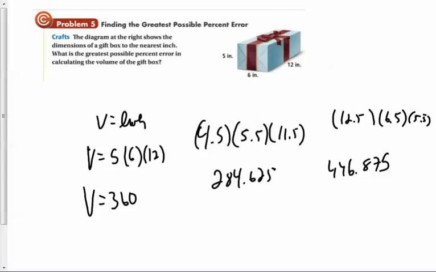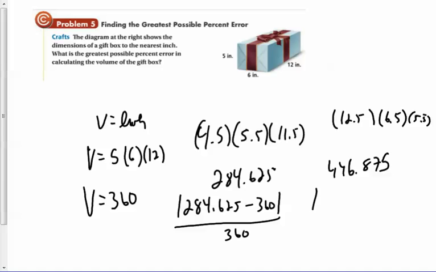All right, now I'm almost done. What I've got to do now is find the differences. So I'm going to take the absolute value of 284.625 minus 360 and divide that by 360. And I'm going to do 446.875 minus 360 and divide that by 360.